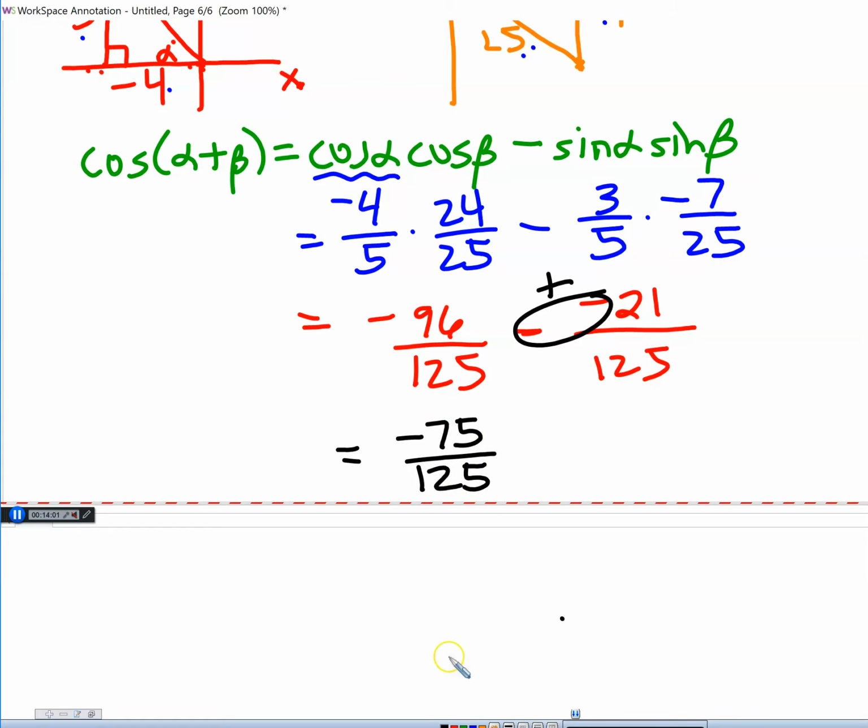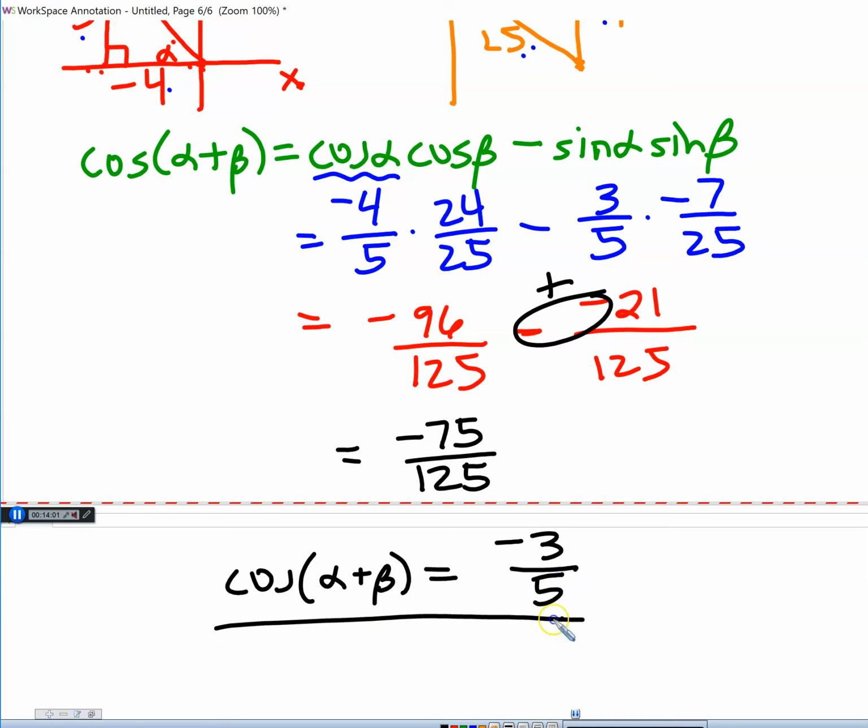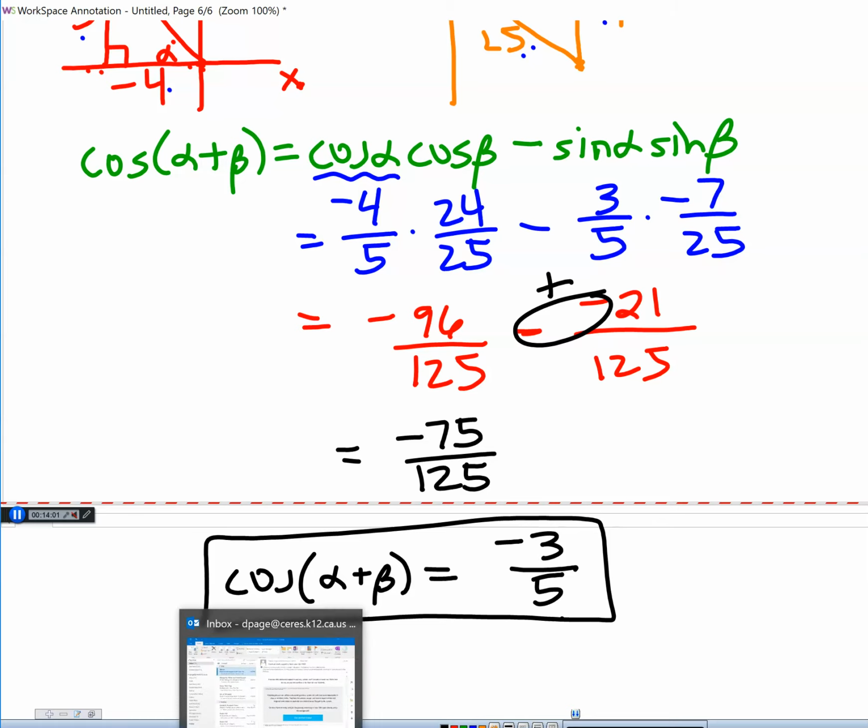This time, though, we should recognize that we can reduce this. There's a common factor of 25 here. And so our cosine of alpha plus beta in its simplest form or reduced form would be negative 3/5, like so.